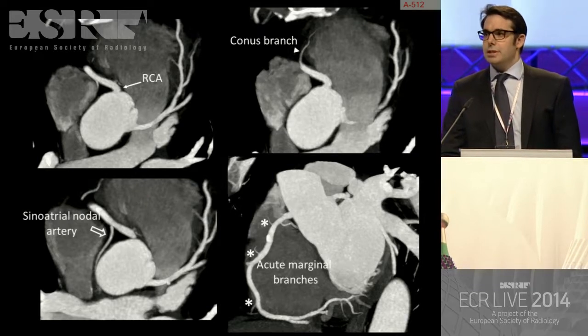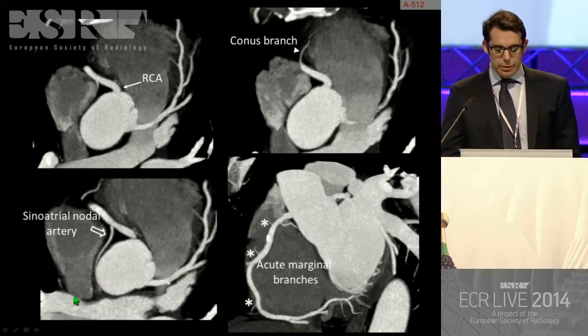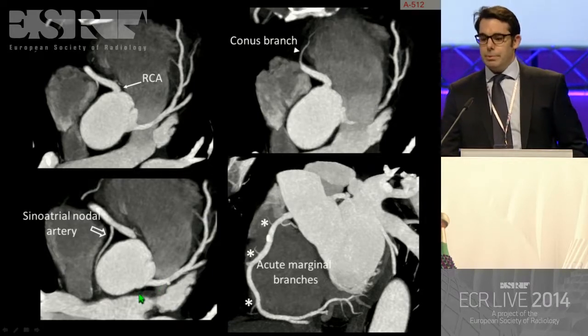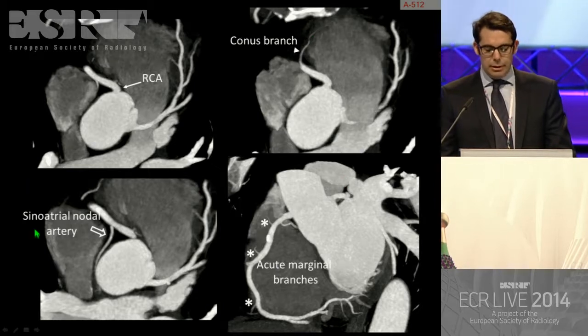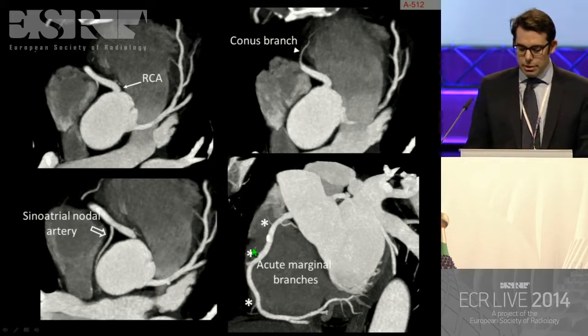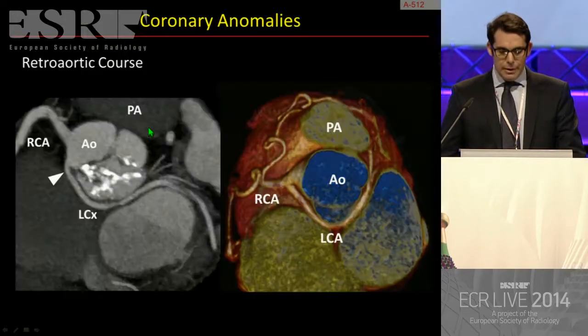It happens in 60% of the cases. It's coming from the right, and it will go to the sinoatrial node. When it comes from the left, usually we will see it around this area, and it will be in 40% of the cases. After the conus branch and the sinoatrial nodal artery, we will find these branches here, which are acute marginal branches. So this is not an anomaly.